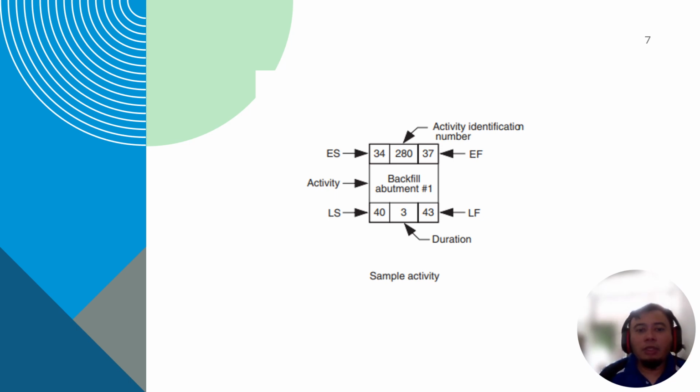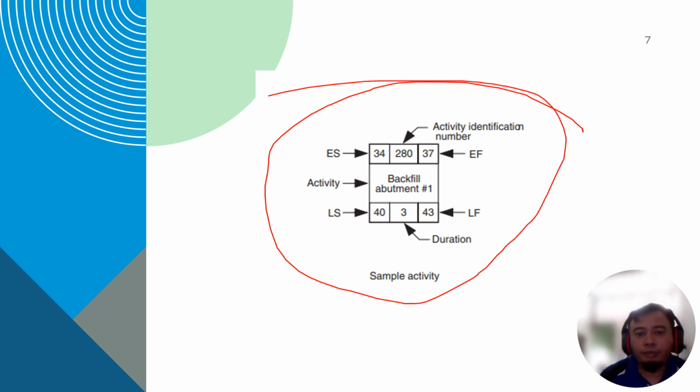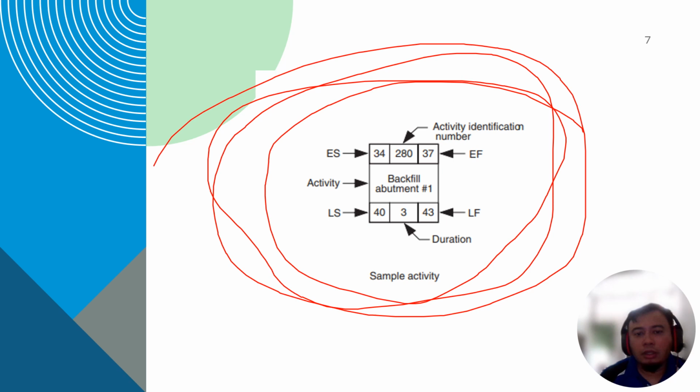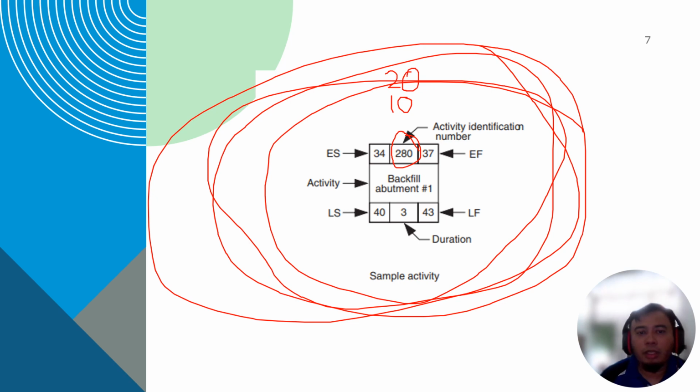We've discussed this before. This is your typical precedence diagram for each activity, a sample activity. You have an identification number here. Usually you have, like, 1, so you add 0. If the activity is number 2, you add 0 at the back, so it will be 20.